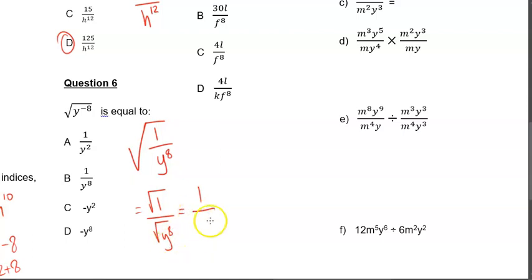And for y to the power 8, I'm going to write this as y to the power of 8 to the power of half. I'm purposely doing this so I can get a proper power. 8 times half, or half of 8, is 4, so this will be y to the power of 4. This is the most simplified version that we can get.